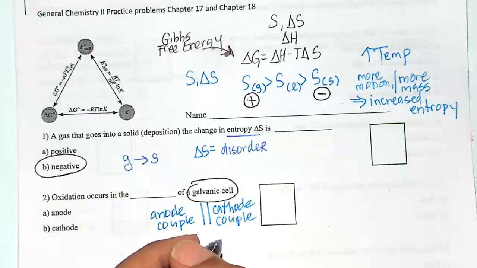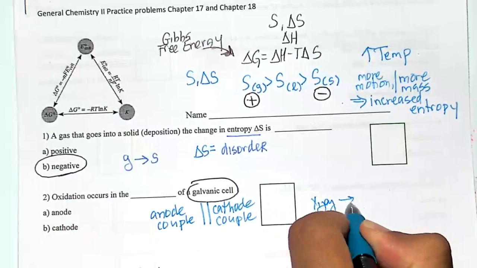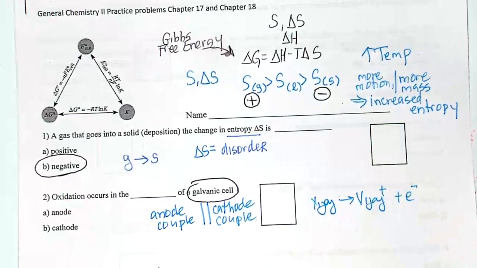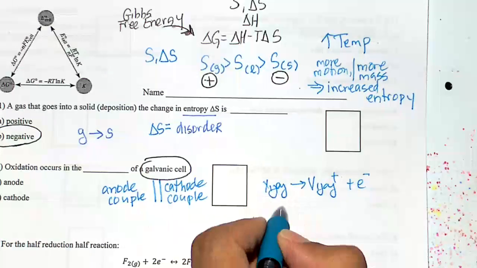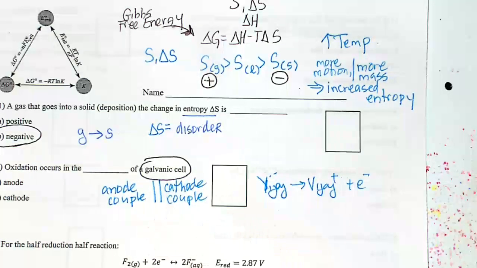I give an electron. If I give an electron, I become positive. We'll call this a one electron transfer reaction. Somebody has to take the electrons. Somebody has to take an electron.